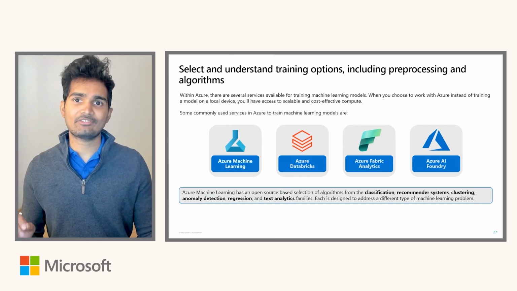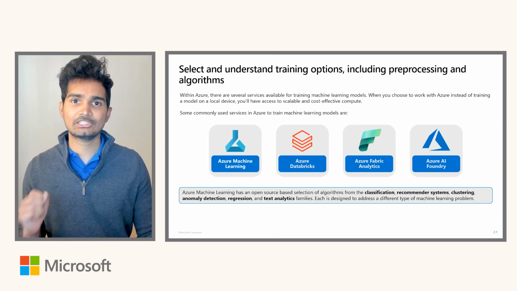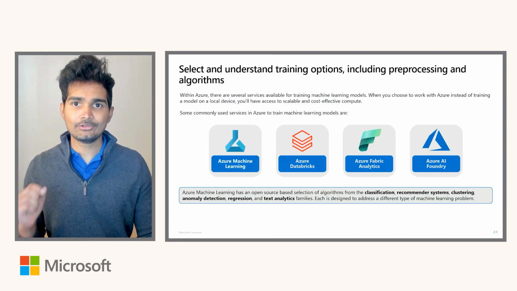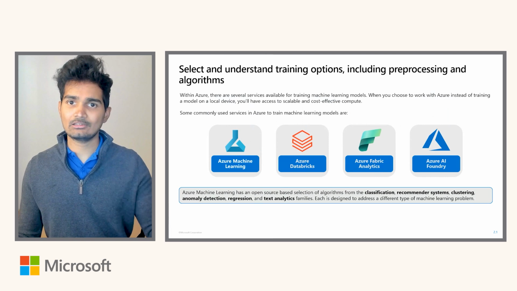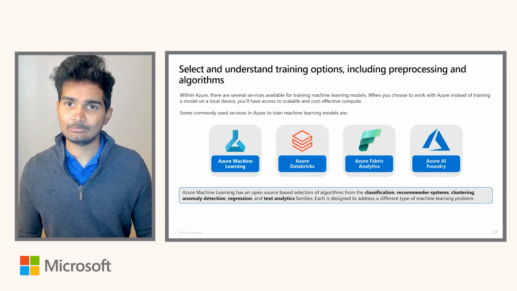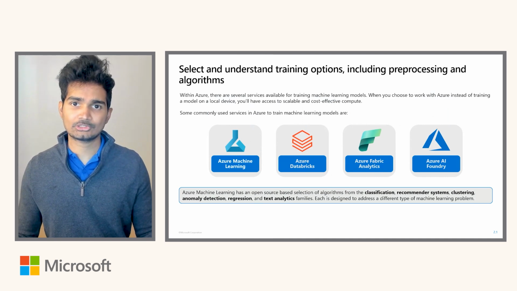Let's recap the different types of services that are available in Azure for training machine learning models, and understand that AML integrates with a large set of open source libraries with numerous algorithms to choose from. Azure services for training machine learning models include Azure Machine Learning, which is ideal for model training with a code-first approach.